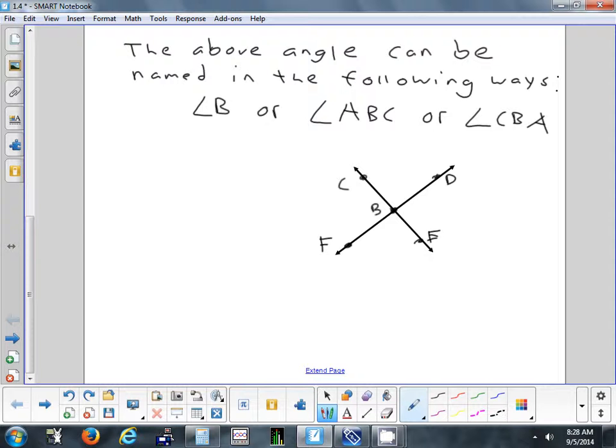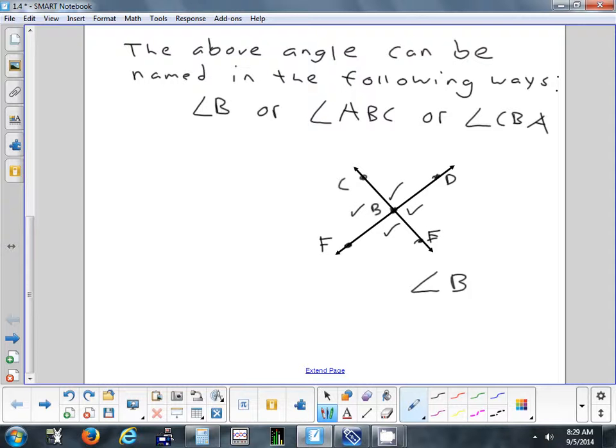If I wrote down angle B, any thoughts on that in this picture? Yep. I can classify all four angles. Yeah, we don't know what angle B is here. Is it the one on the top? Is it the one over here? Is it over here? Is it down at the bottom?